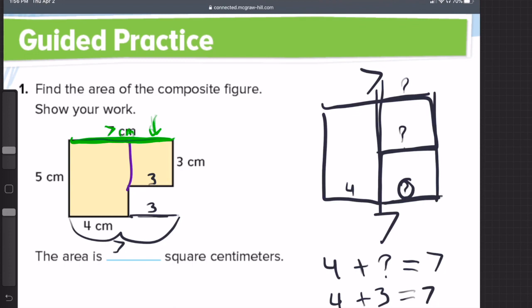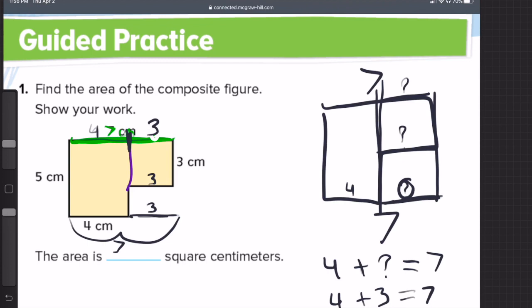And finally, what we're looking for is this right here must also be 3. So that means this section right here is 4, this section right here is 3, and we know it's right because 4 plus 3 does equal the total, the green, the 7 centimeters. 4 centimeters plus 3 centimeters does equal that 7 centimeters.